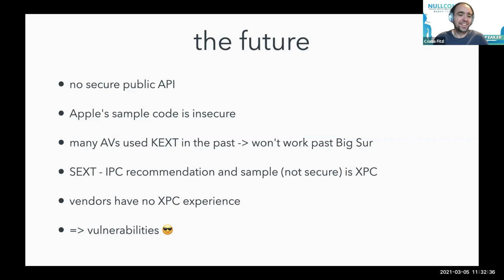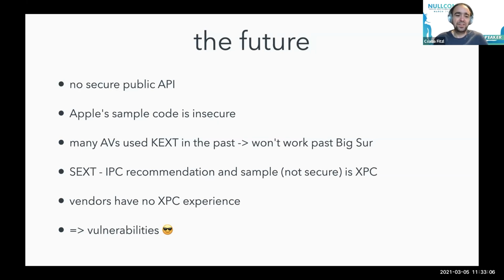The next thing is many antivirus vendors used kernel extensions in the past. Now they won't work beyond Big Sur, or even if they do still, because they are not using those API that were deprecated, soon the rest will likely be deprecated as well, and they will have to move to the new way of developing security software, which is system extensions, SEXT.